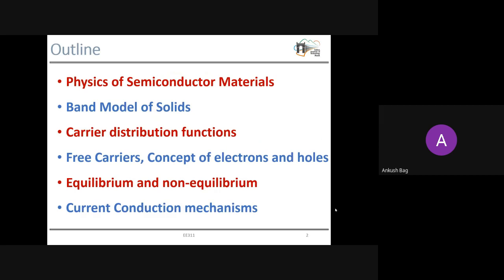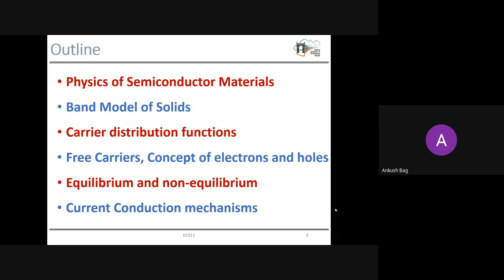Now, this is the outline that we are going to follow. I am just following the syllabus we have for our first module. First we'll try to understand the basic physics of this material, and then the band model of solids, and why this is important. Then we'll see the carrier distribution functions. Then we'll quantify the free carriers, either electrons or holes, in a semiconductor.